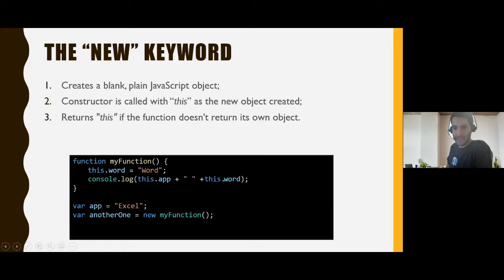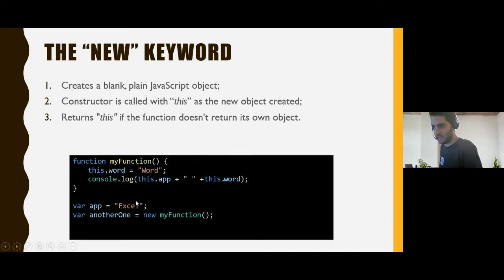All right. So we have, I think, three more small subjects. The first one is the new keyword. What happens when you add new before a function? Three things are happening. First, JavaScript creates a blank plain JavaScript object. You can imagine it as a plain, empty JSON.